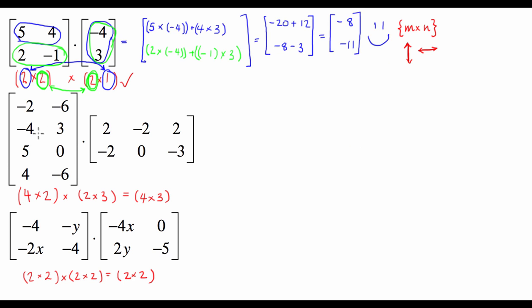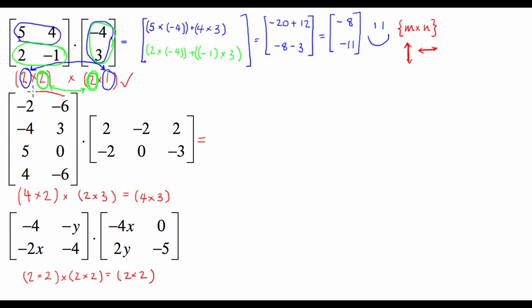Cool. Now the second one's going to be a bit more long-winded, and as a result, I'm not going to do this step here because it'll take us all day to write all those down. So let's change color though. We're going to do the first row multiplied by the first column.